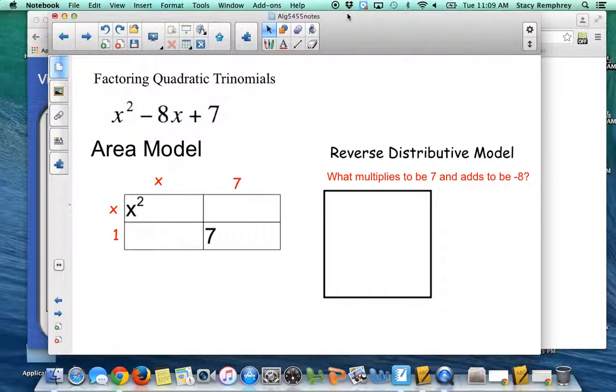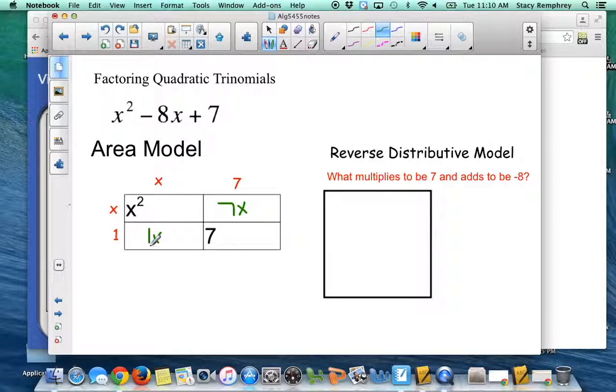So what I did is, what would multiply to be x squared? Well, x and x. Then I said, what will multiply to be 7? Because down here, that's the area of this one, 1 and 7. If you multiply that out, you would get 7x and 1x.